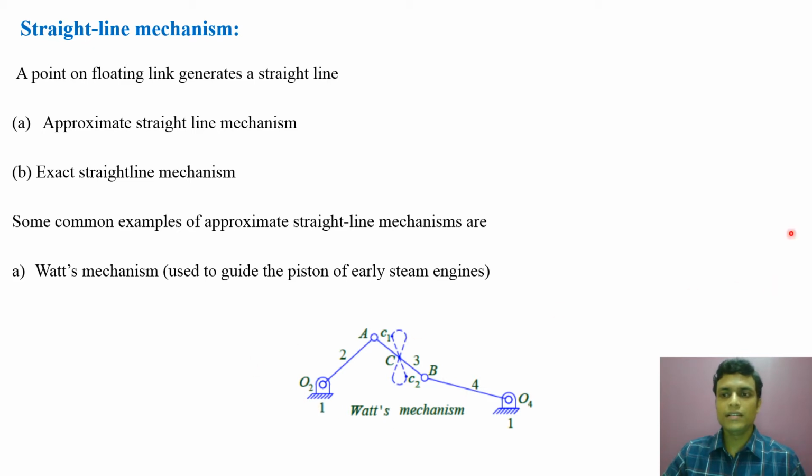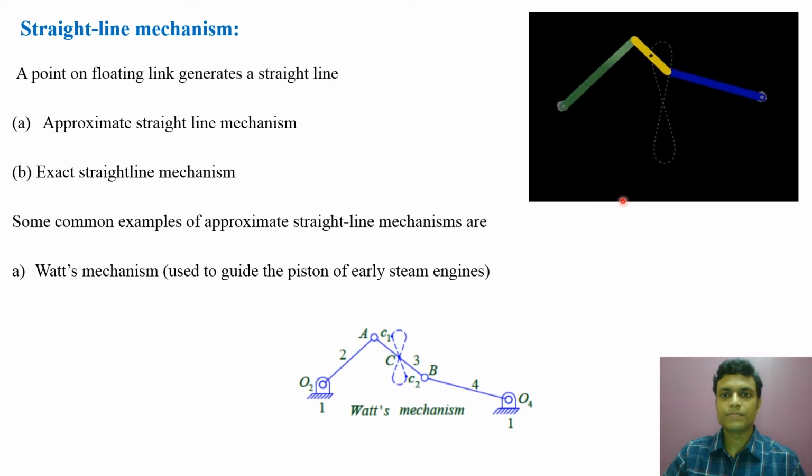Now let us see the animation of Watt's mechanism. The yellow color link is the floating link or the coupler. The midpoint of the yellow color link, that is AB, is generating a straight line between small c1 and c2.